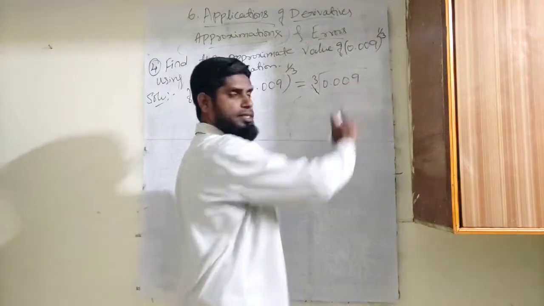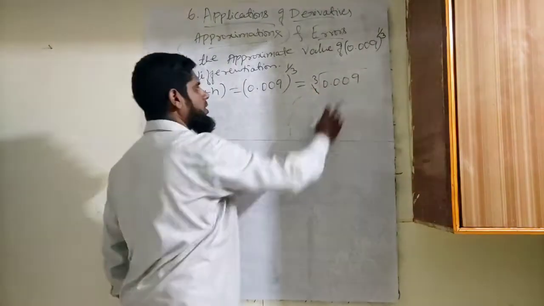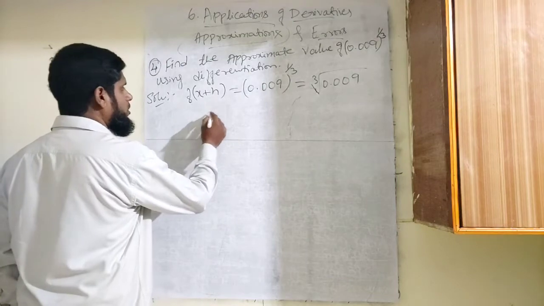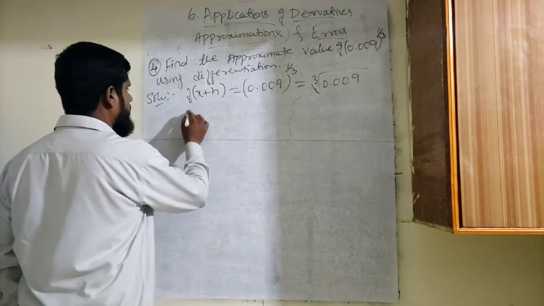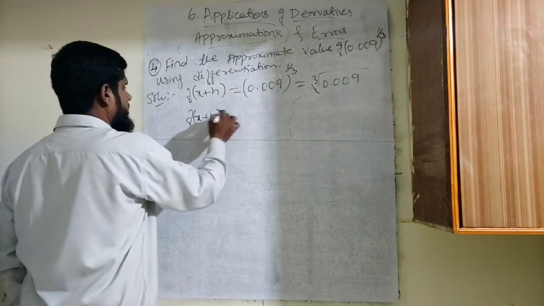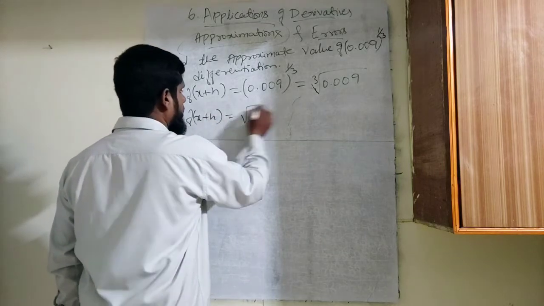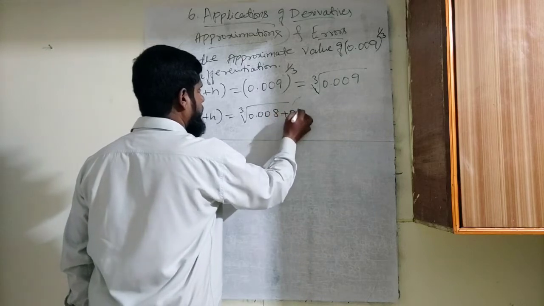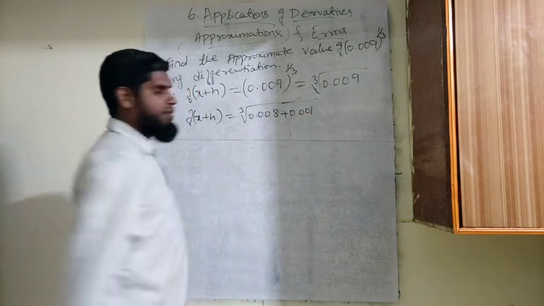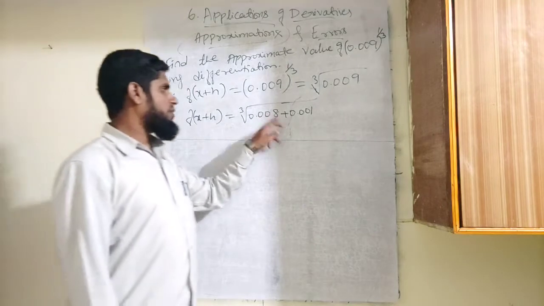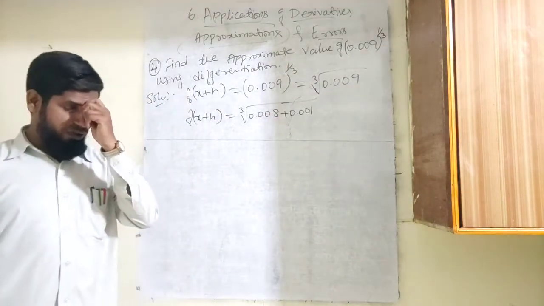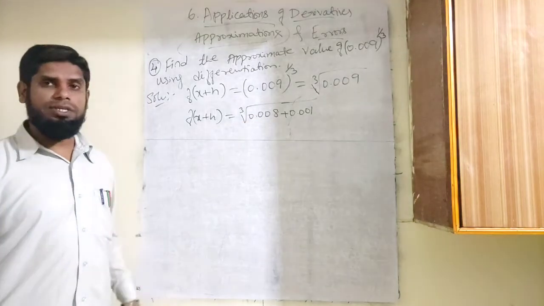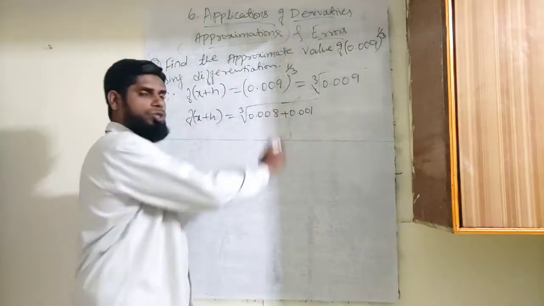Obviously it is 8, and there are 3 zeros here. So obviously, student, f of x plus h can also be written as the cube root of 0.008 plus 0.001. Isn't it? We know the cube root of 8 is 2, because if I multiply 2 three times I will get 8. But there are 3 zeros here, so this is 0.2.